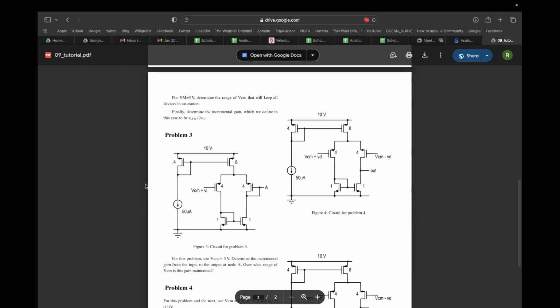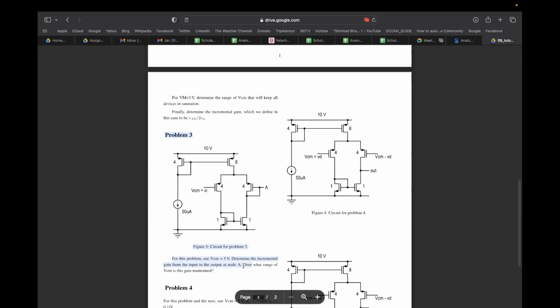So this is the problem number three. Is this the problem that you are talking about?